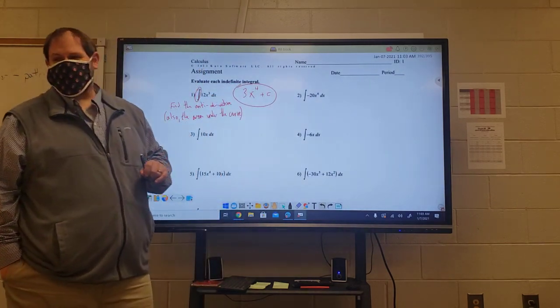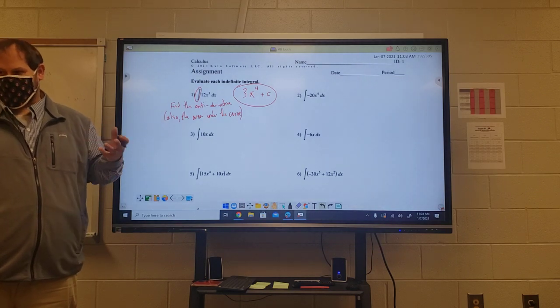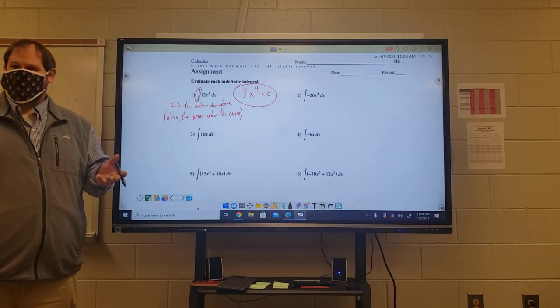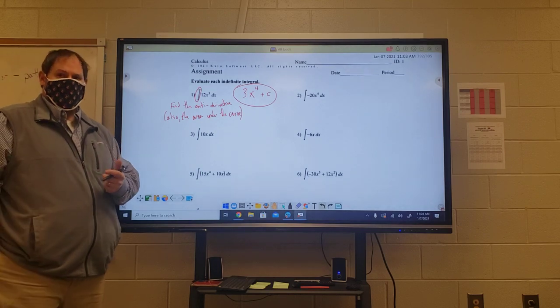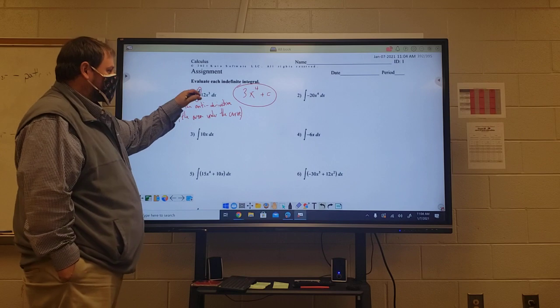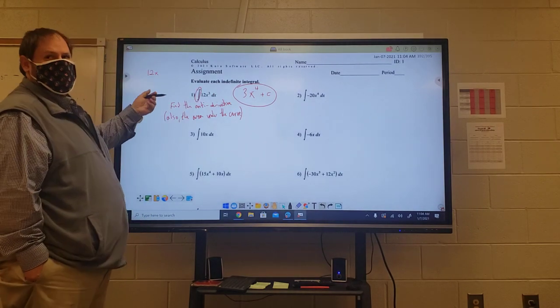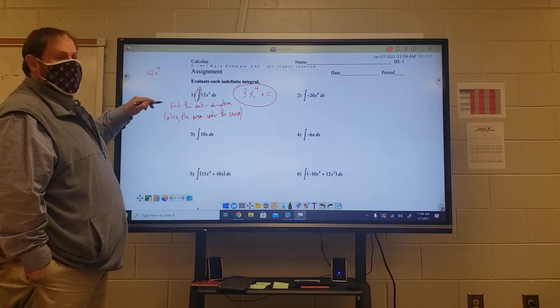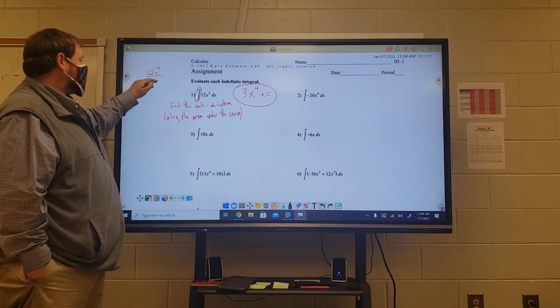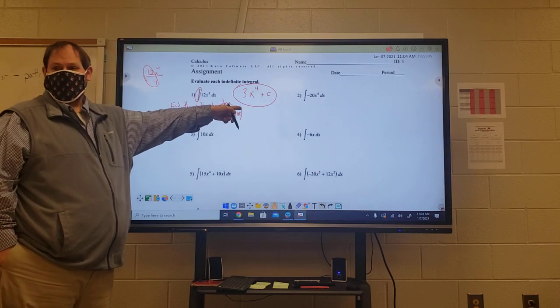Now, thinking through that process was a little bit easier to think through, but it's not the easiest thing to do. So we have a little procedure called raise the power and divide. If I apply that procedure exactly, you take 12x cubed, you raise the 3 to a 4, and then divide by 4, and then you simplify 12 over 4 to be the 3 that we got here. That makes sense.